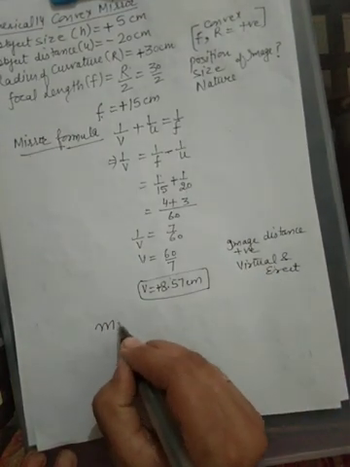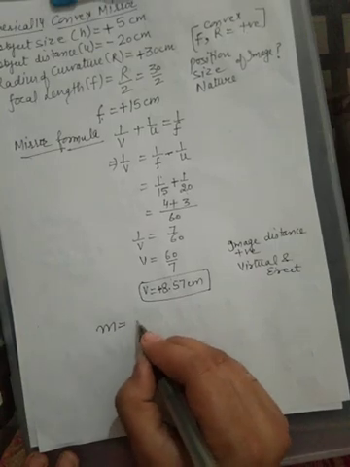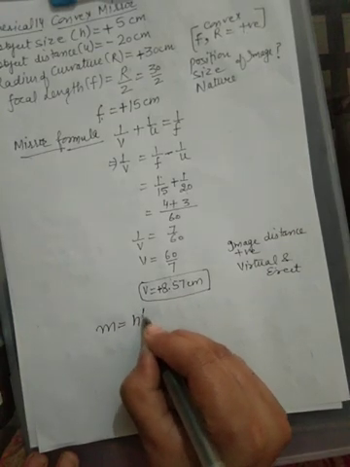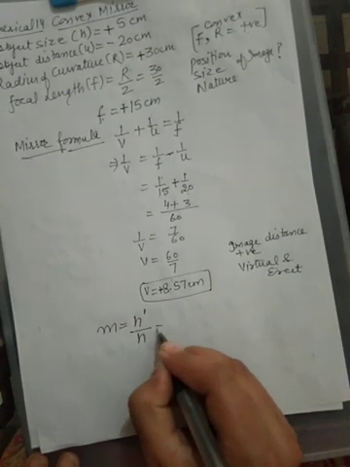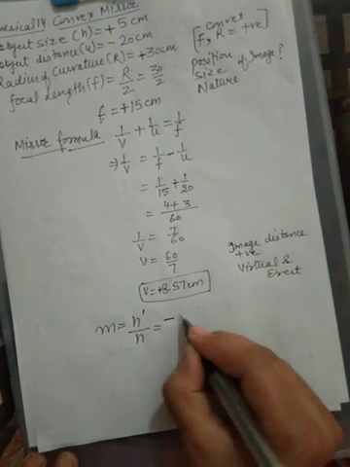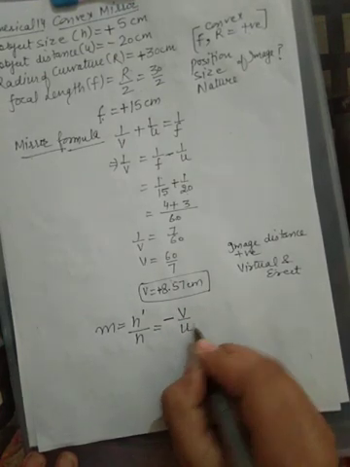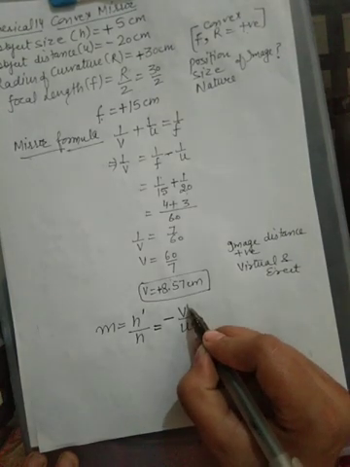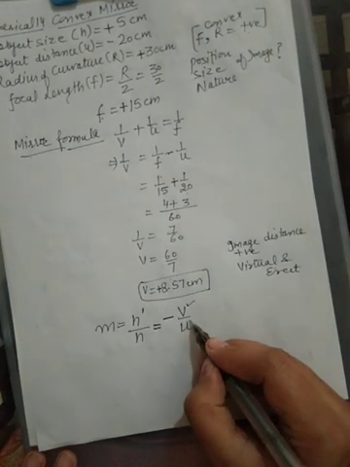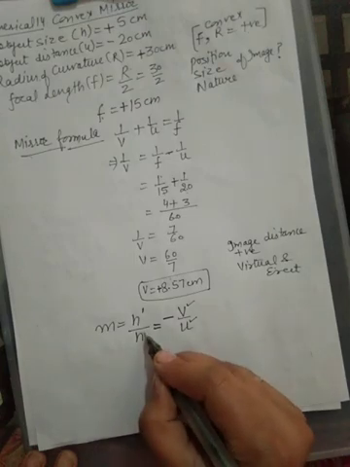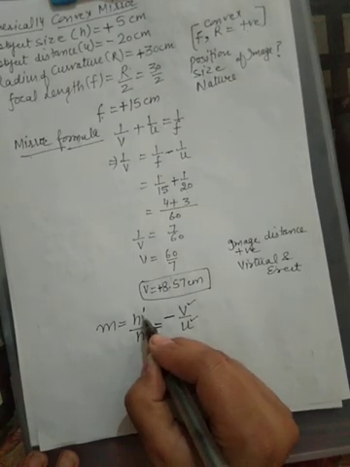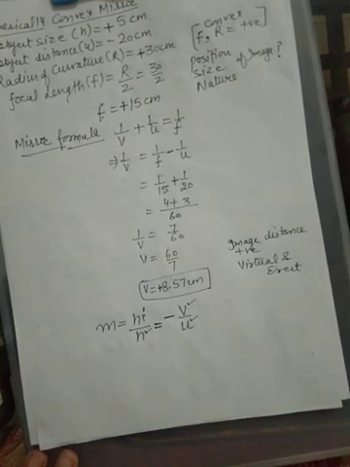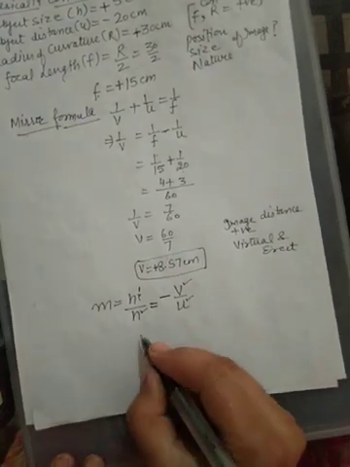What is magnification? Magnification is equal to height of image over height of object, equal to minus image distance upon object distance. We know image distance, we know object distance, we know height of object. So height of image can be found out. How we can find out?